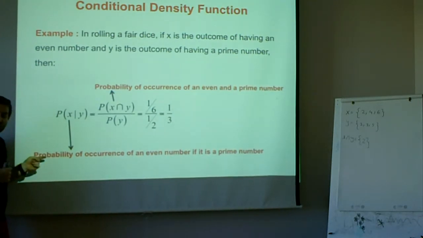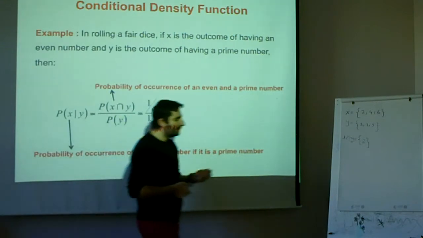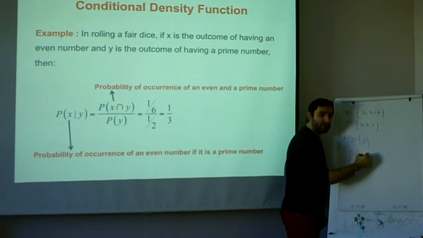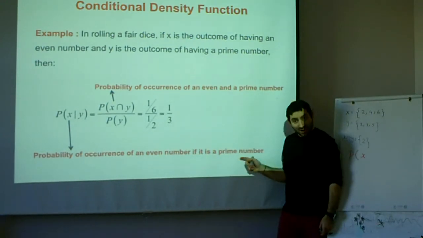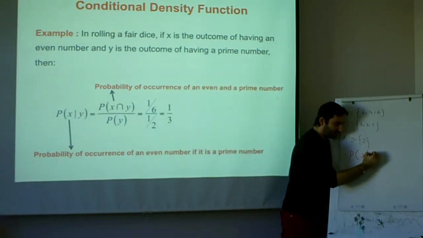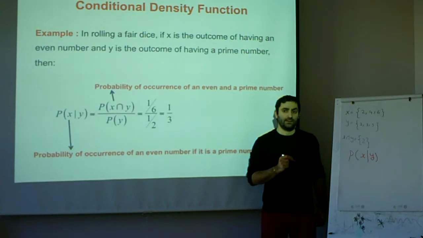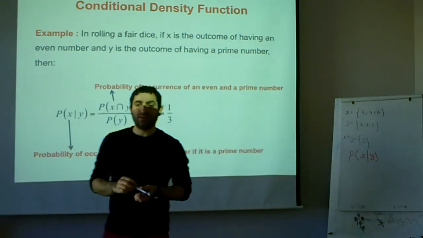So the question is this: find the probability of occurrence of an even number, if the number we know is prime, given that the number is also prime. So, which condition is given?